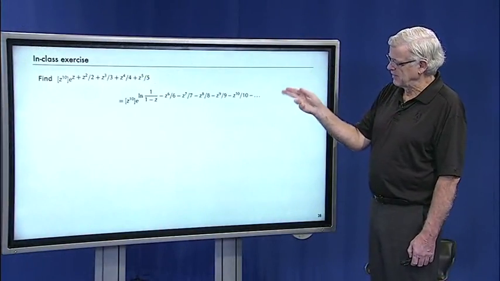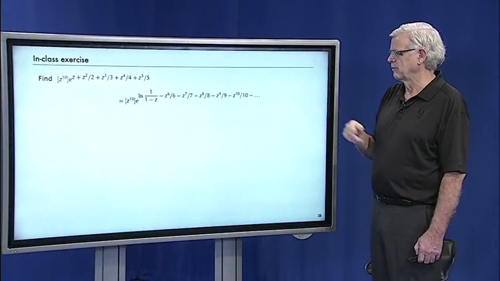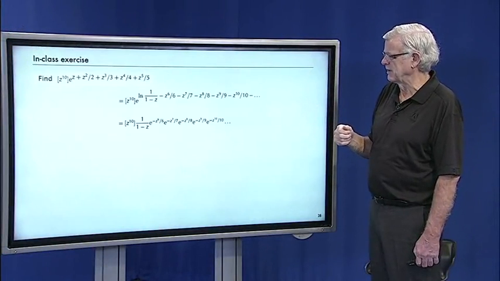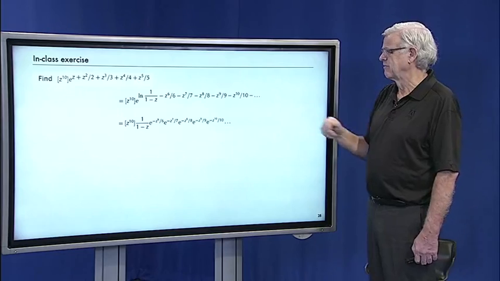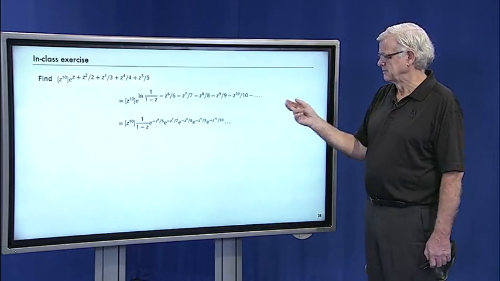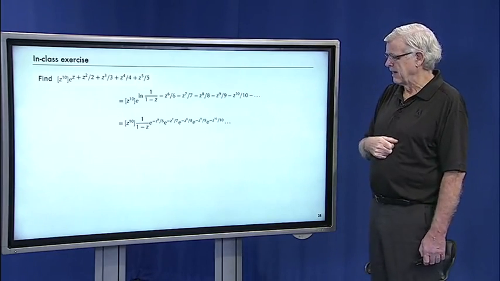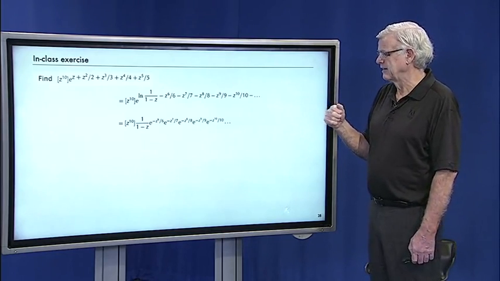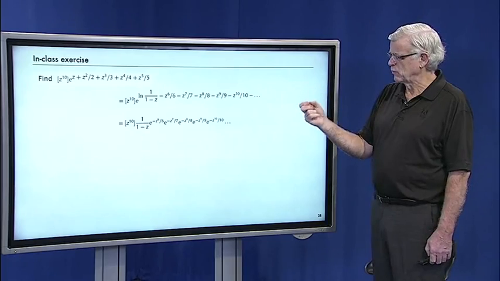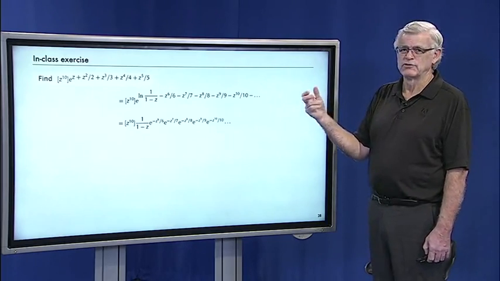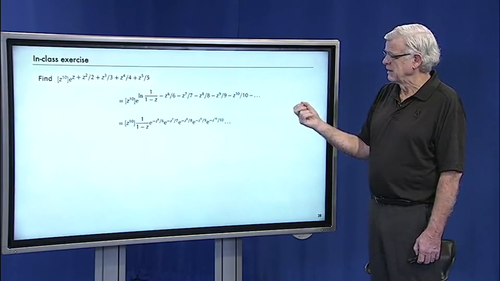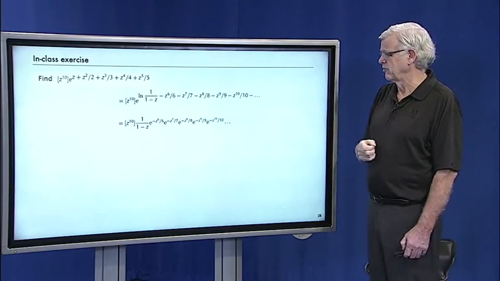And now with that, we can take e to the log 1 over 1 minus z is just 1 over 1 minus z, and then we have the other terms multiplied out. Now the key idea here is that each one of those terms, if we use Taylor's theorem to expand them, we only need to keep the first term.